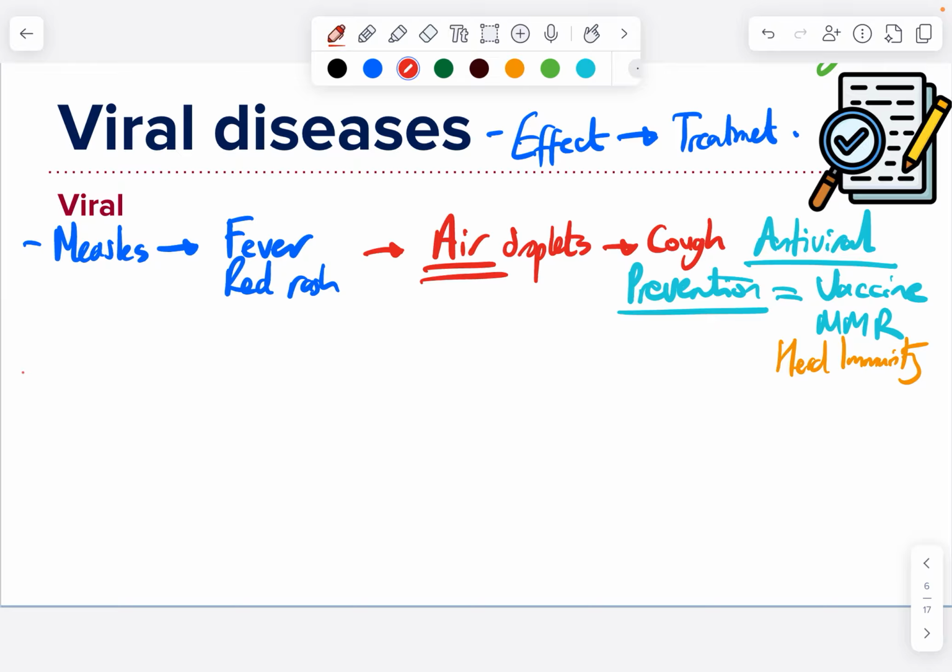Second one is HIV, or human immunodeficiency virus. So human immunodeficiency virus can lead to a very severe flu that can then lead to AIDS, acquired immunodeficiency syndrome, and that is a complete breakdown of the immune system.